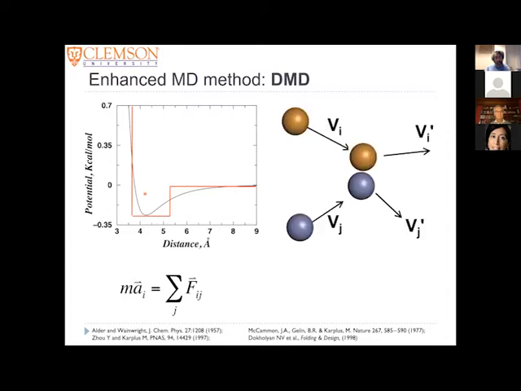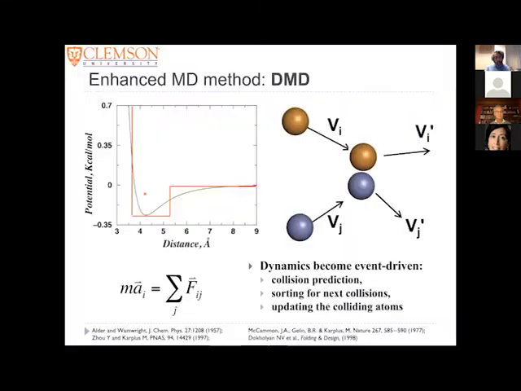By doing that, we don't integrate the differential equation, but rather use conservation laws, like energy conservation, momentum conservation, and angular momentum conservation, to solve the same equations, which we call ballistic equations. Just a fun fact, the first ever MD simulation was by Alder and Wainwright back in 1957.